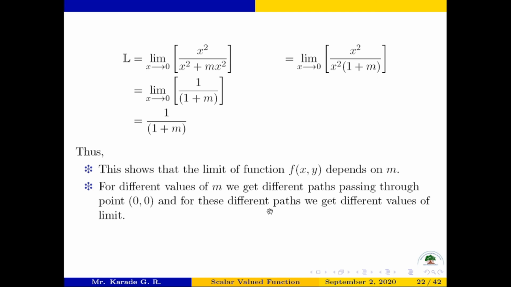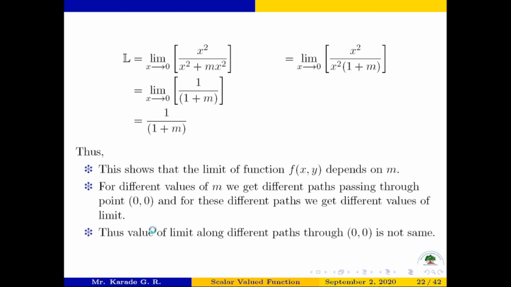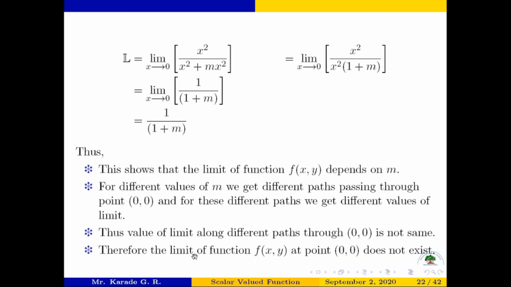For these different paths we get different values of the limit, and thus the value of the limit along different paths through 0, 0 is not the same. Therefore the limit of function f of x comma y at point 0, 0 does not exist.